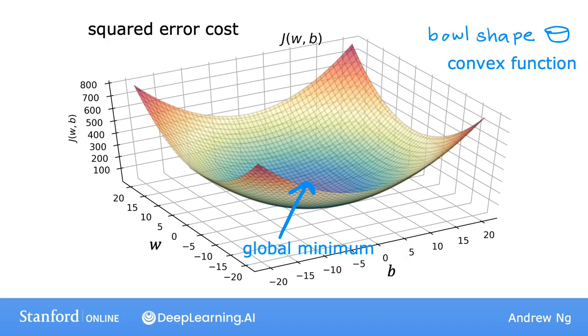Informally, a convex function is a bowl-shaped function, and it cannot have any local minima other than the single global minimum. So, when you implement gradient descent on a convex function, one nice property is that so long as your learning rate is chosen appropriately, it will always converge to the global minimum.